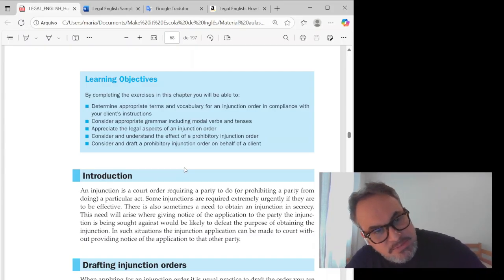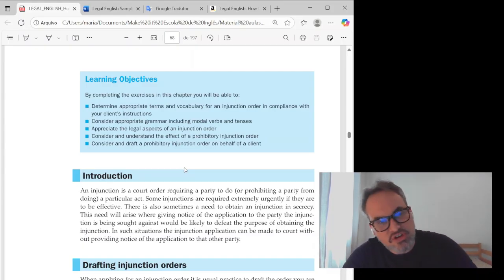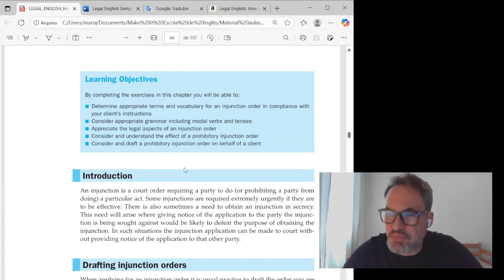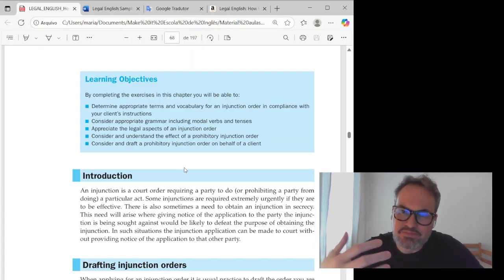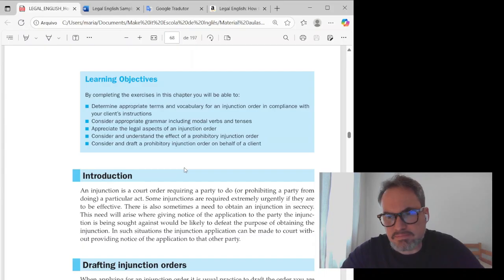Consider a draft and draft a prohibitory injunction order on behalf of a client. This is the practical part. So we're going to try to draft a prohibitory injunction order, considering the need of your client.